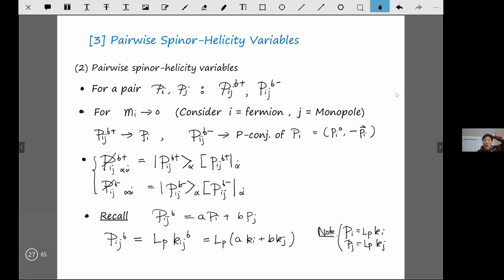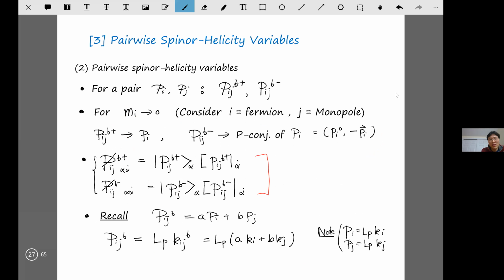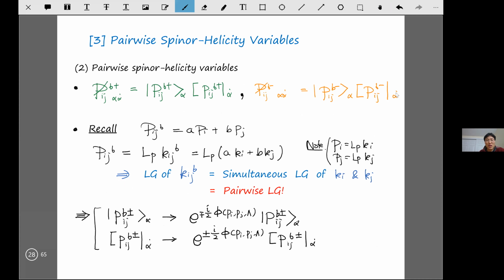Good. Now, given that I have successfully constructed a null vector out of P_ij, I know what spinor helicity variable I want to look at, because P_ij, either plus or minus, are massless momenta. Therefore P slash is a product of the spinor helicity variables. In fact, these spinor helicity variables are guaranteed to pick up the correct pairwise helicity factors.